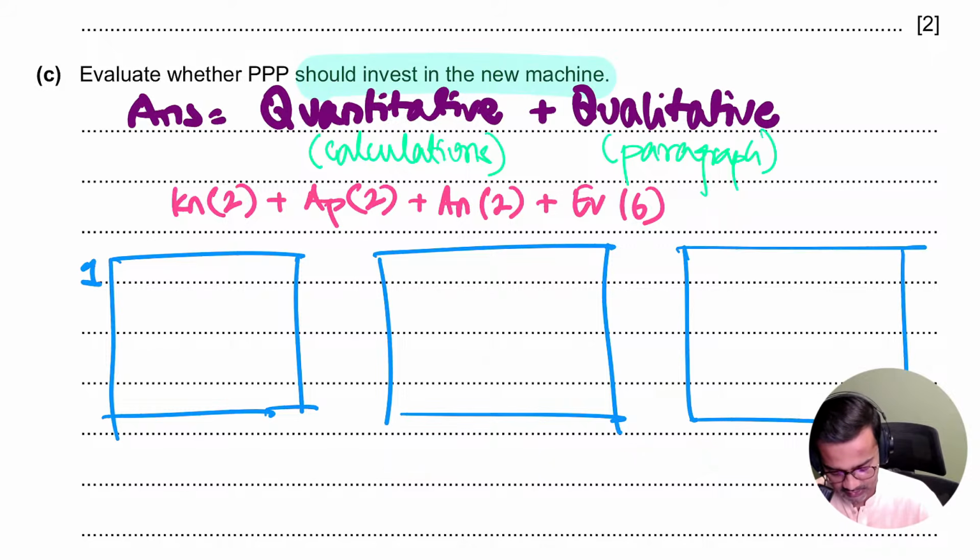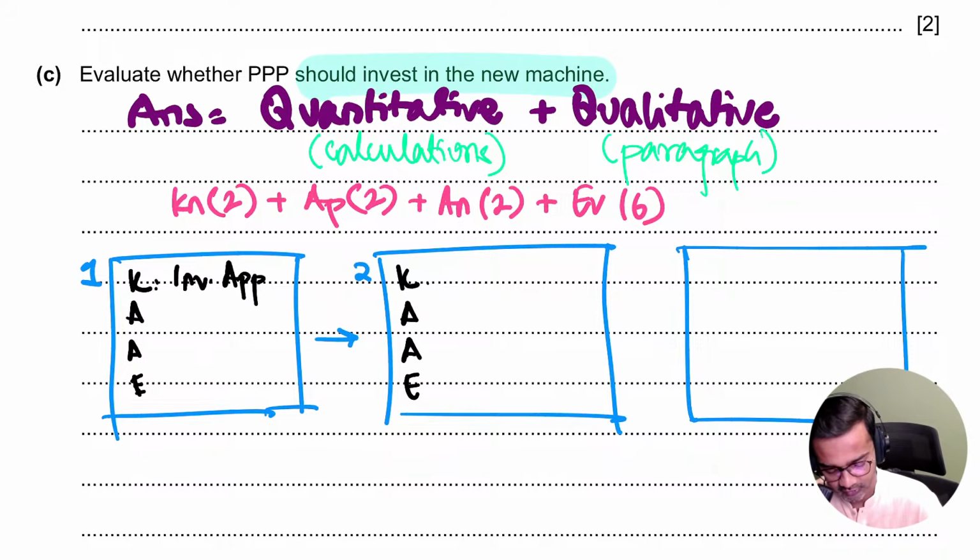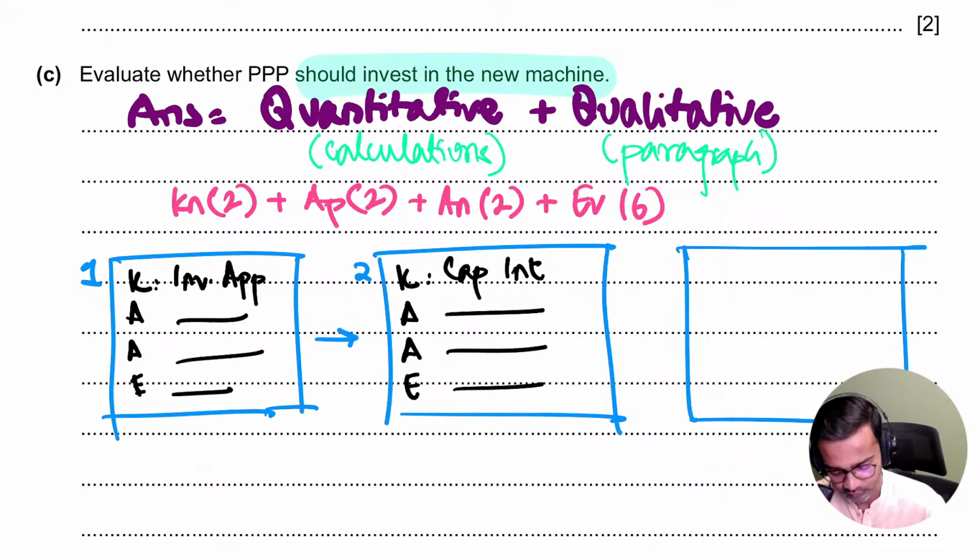The first one is a full combo of knowledge, application, analysis, and a bit of evaluation. So in this one, I'll talk about investment appraisal and all the things I've calculated. Then I move on to my second paragraph, and that's where again proper knowledge, application, analysis, evaluation. This is where I'll talk about them going capital intensive, because that's the big change that's occurring. So it's application, analysis, evaluation, similar to the first one.